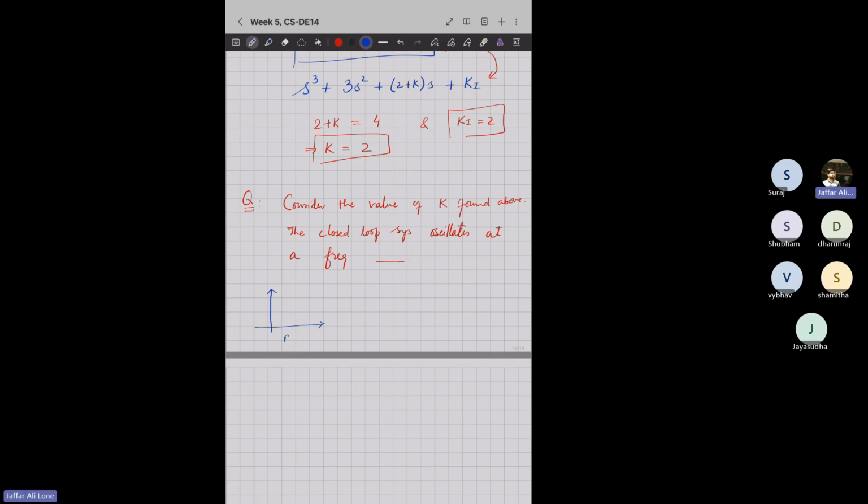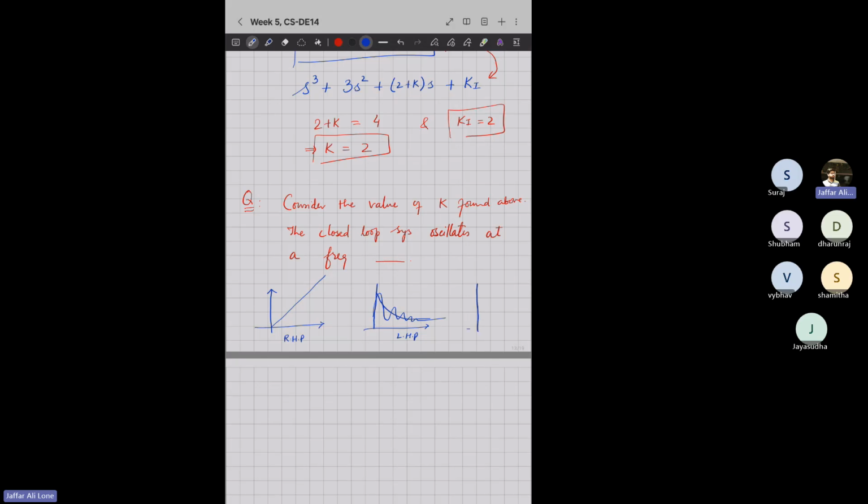If my poles are on the RHP, then your system can be like this, or like this, anything, but it will go to infinity. If your poles are on the LHP, then your system will be like this, or it can be like this as well. Anything, but it will decay to zero.